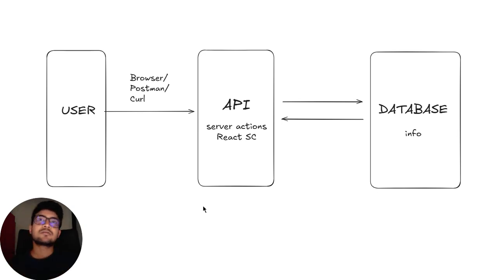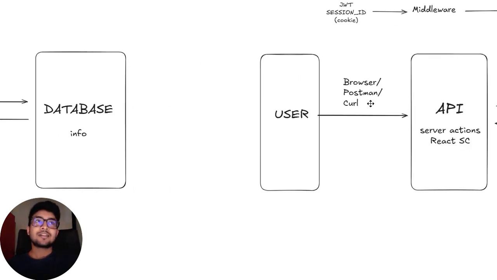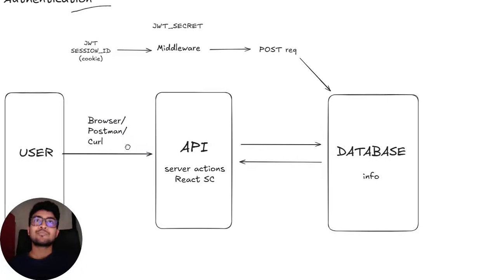People can use tools like Postman, curl, and even the browser to send requests. Just because something doesn't appear in the browser does not mean that it's safe. This is a common scenario, and the first line of defense is authentication.